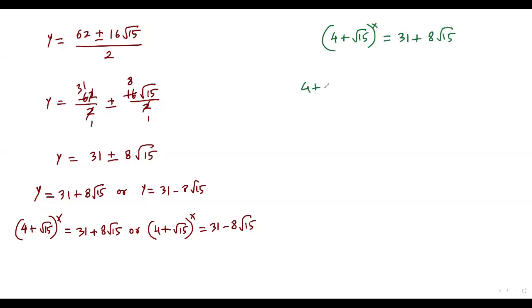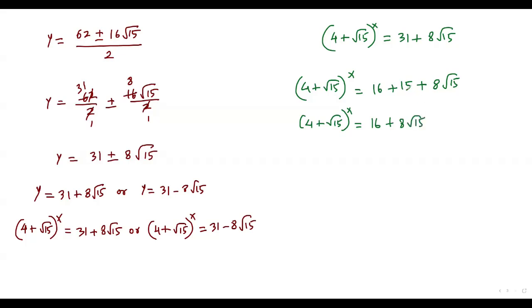Now 31 can be written as 16 positive 15. I just split up this 31 into 2 parts, that is 16 positive 15. There is a reason behind it. So 4 positive square root of 15 whole to the x power equals, I'm writing this 16 at first, then this positive 8 times square root of 15, and then this positive 15 at last.